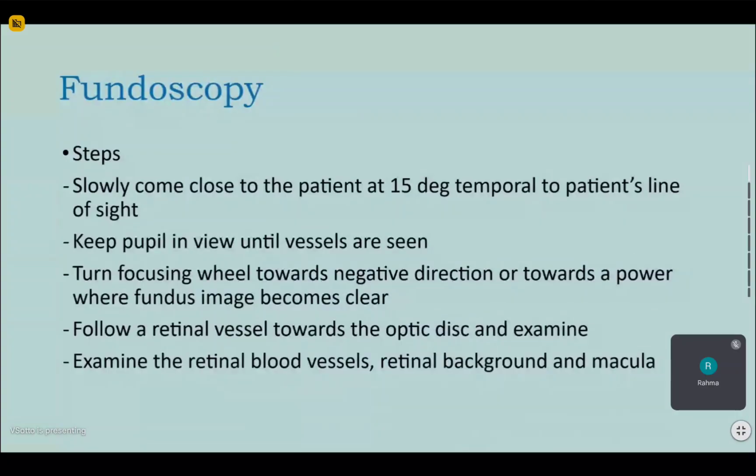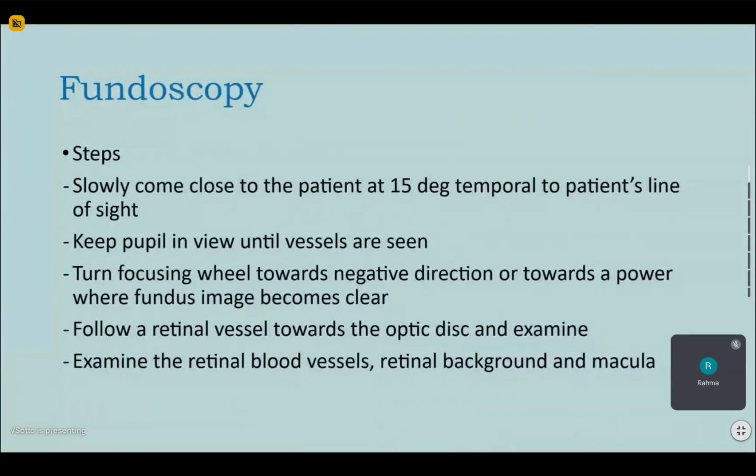So the goal is to maintain the red-orange reflex. You have to keep the pupil in view until vessels are seen. When you come close to the patient's eyes, the vessels could be appreciated. Then turn the focusing wheel towards the negative direction until the fundus image becomes clear.